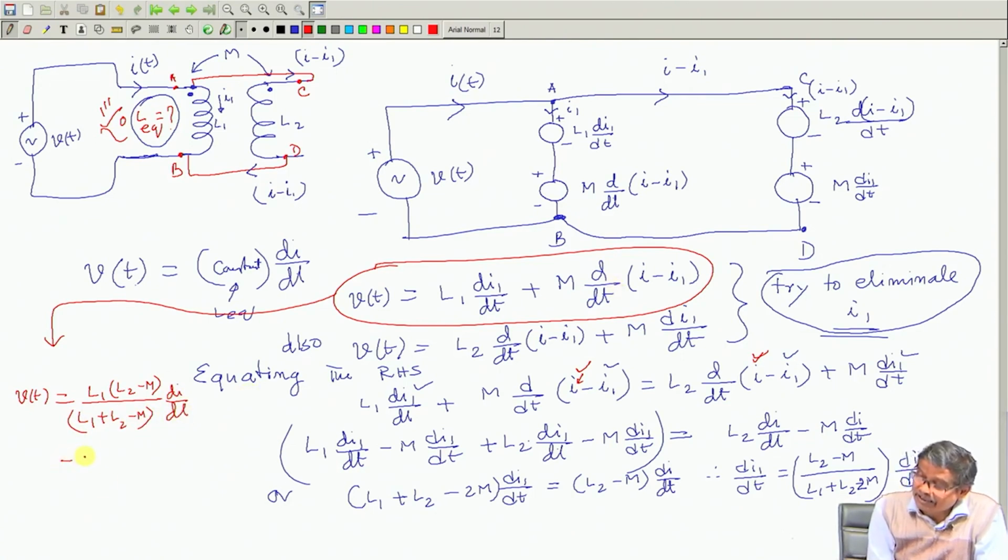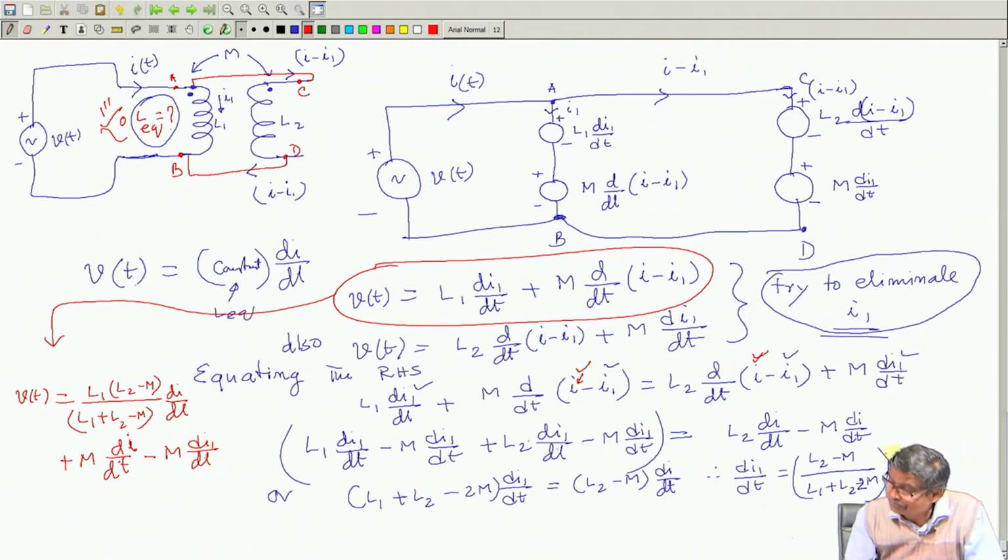Then minus m d I dt minus m d I dt, you open the bracket. I could do it in one line anyway, and then minus m d I 1 dt. And once again for d I 1 dt, put these numbers. So, everything is now some constant into d I dt. From that you please try to find out the equivalent inductance.